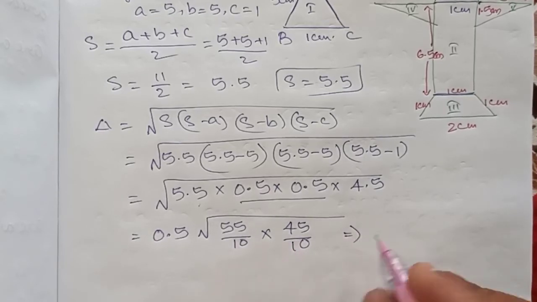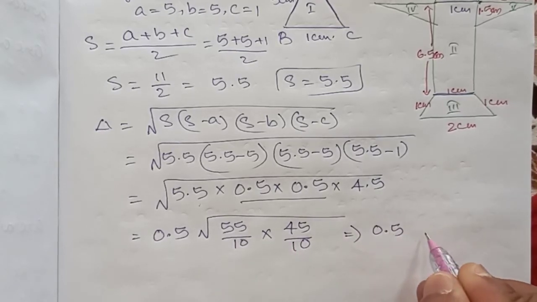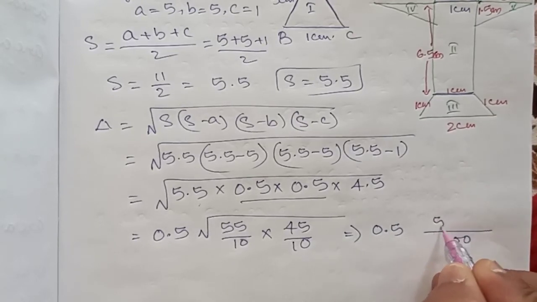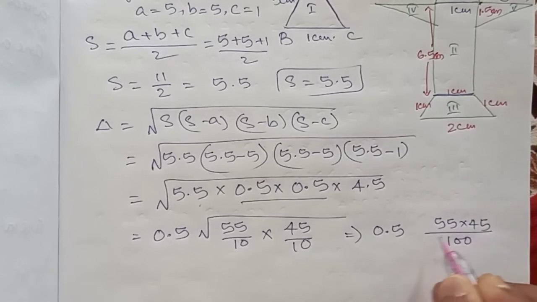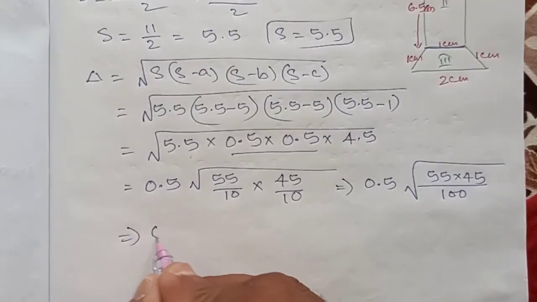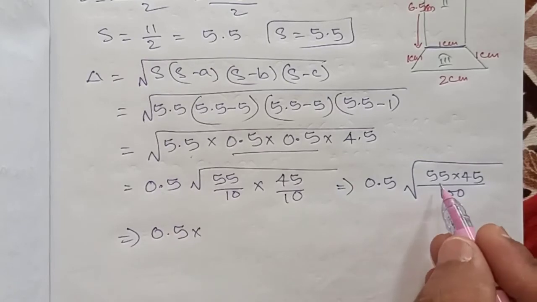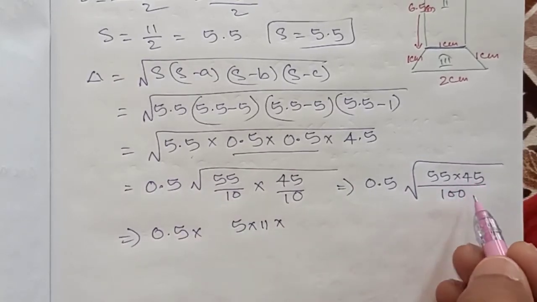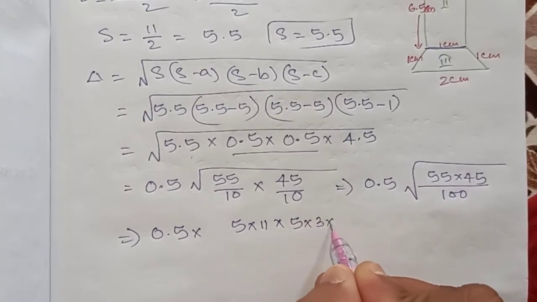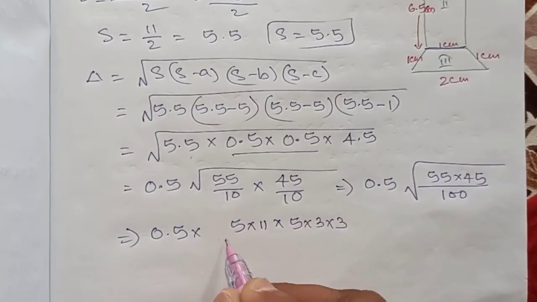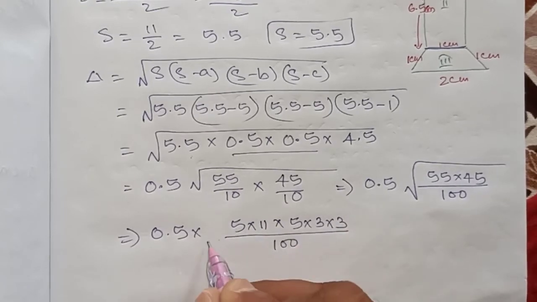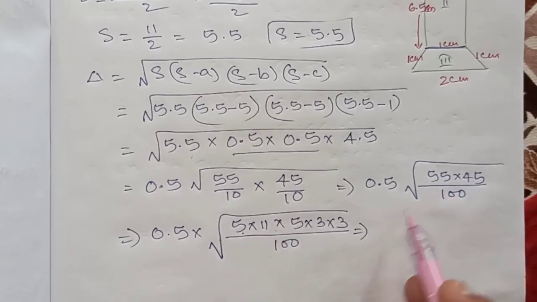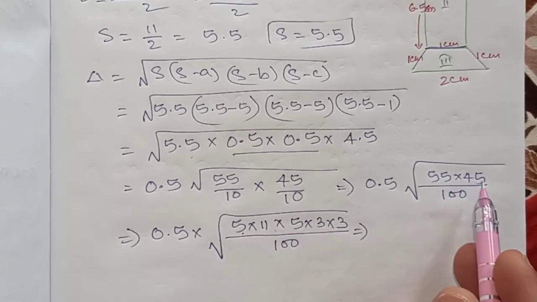Now multiply the numbers: 10 tens are 100, 55 into 45 under the square root. From here we will get 0.5 into the factors of 55, which is 5 into 11, and the factors of 45, which is 5 into 3 into 3, divided by 100, square root. How did we get this? 5 11s are 55, 3 3s are 9, 9 5s are 45.